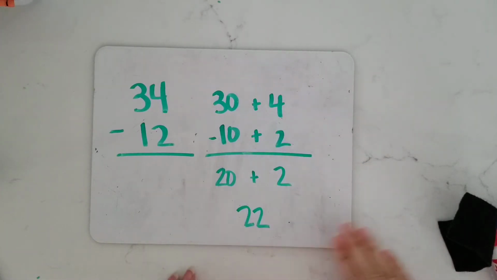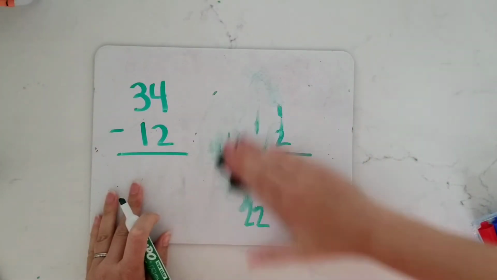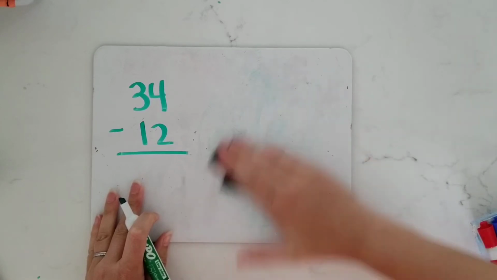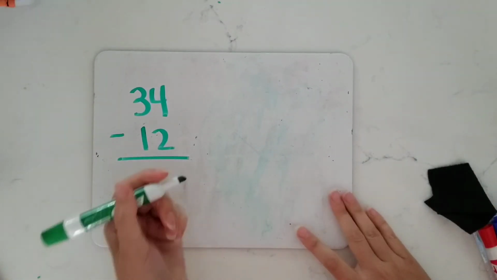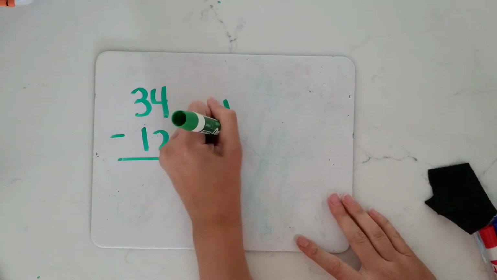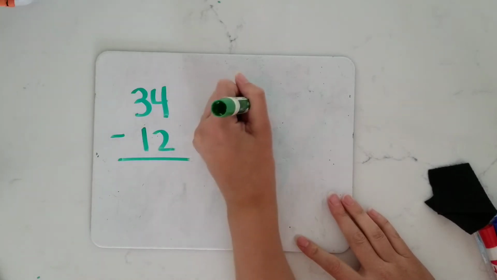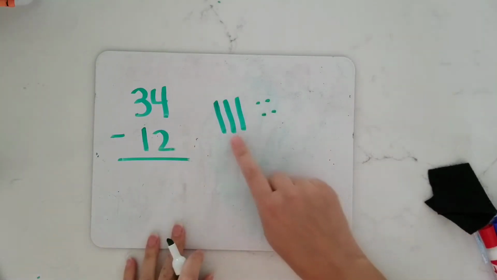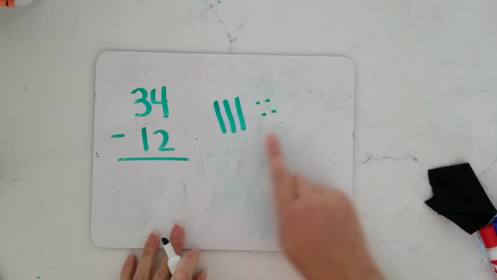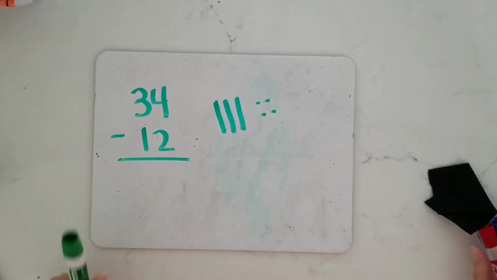So we can solve it that way, but what I think is easier is really showing it in base 10 blocks. So you can do it whatever way works best for you, but I'm gonna show 30 and 4. So this is 34 in my base 10 blocks, and now I need to take away 12 from that.